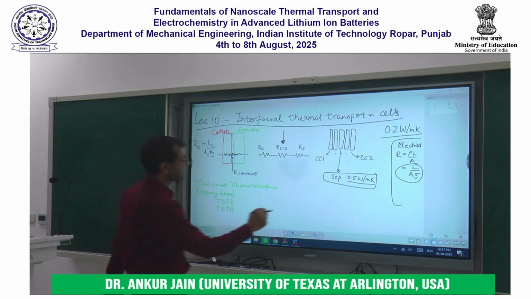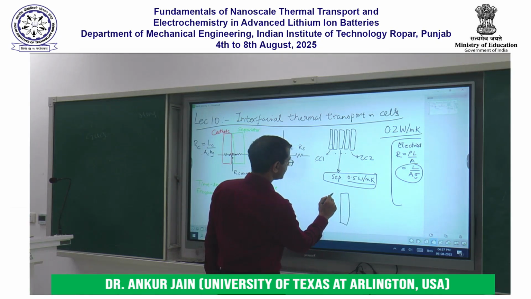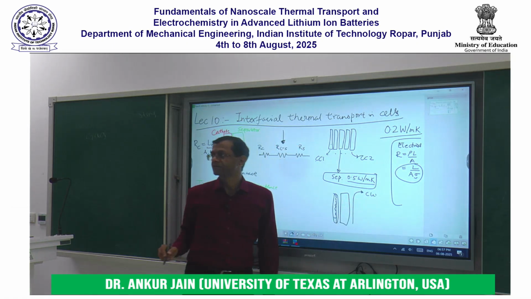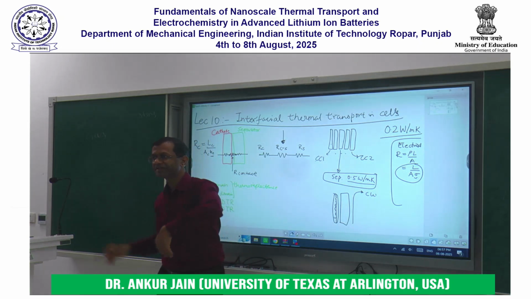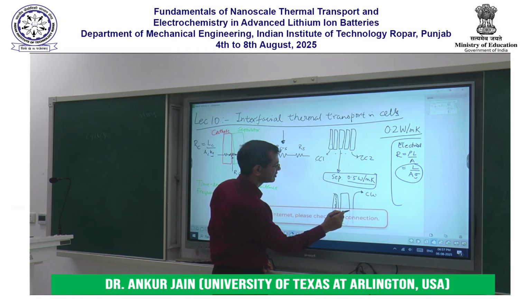I can take my material, I can put a heat source on one side, I can have cooling water on the other side. Remember the whole experimental setup we discussed yesterday, and we can take temperature sensors.